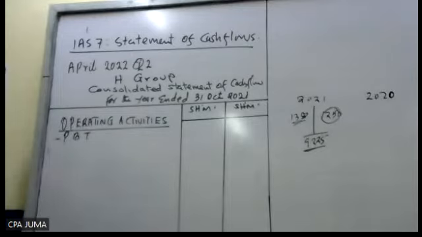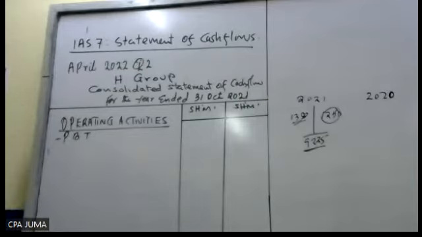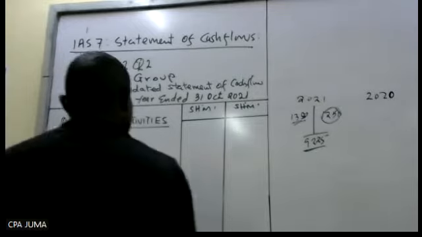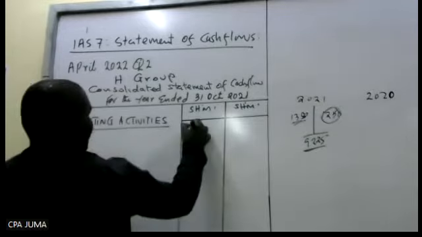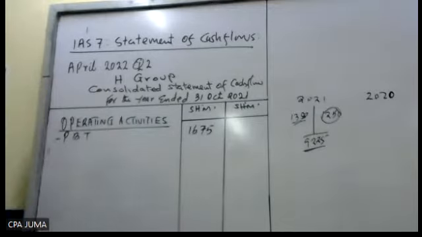Check for it in the profit account. 1675. Then you say adjust for.